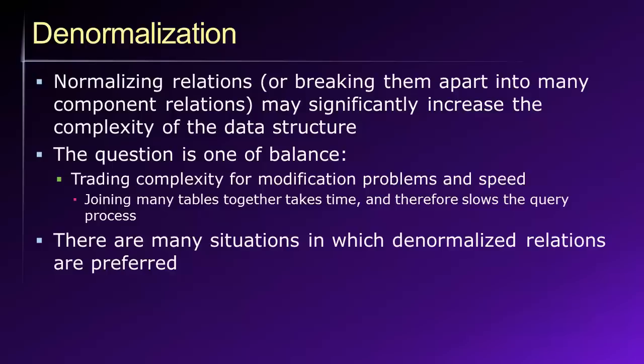Common reasons for wanting to denormalize a set of tables include simplicity of design and speed of querying. The trade-off, however, is that by using a denormalized design, we are introducing the possibility of modification anomalies into our database.